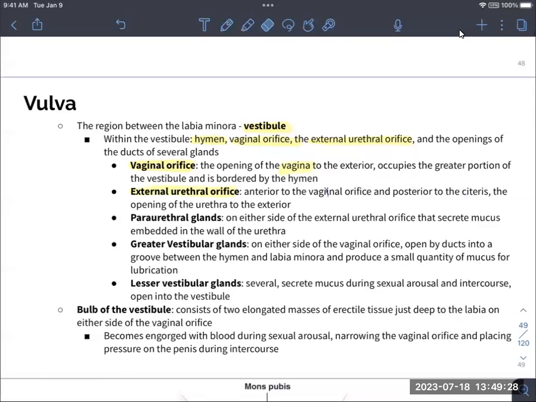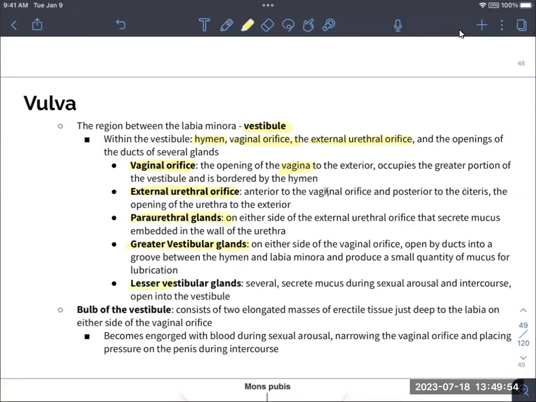We have the paraurethral glands, and they're going to help secrete mucus in that urethra. We have the greater vestibular glands. They're on that vaginal orifice.